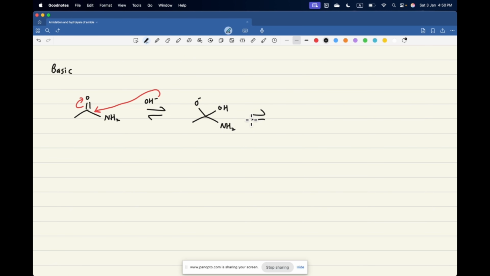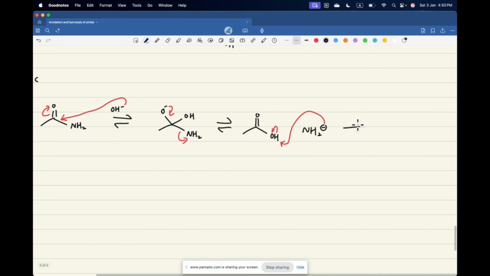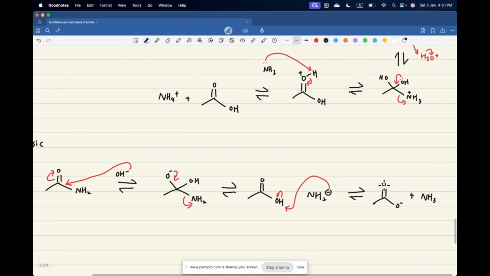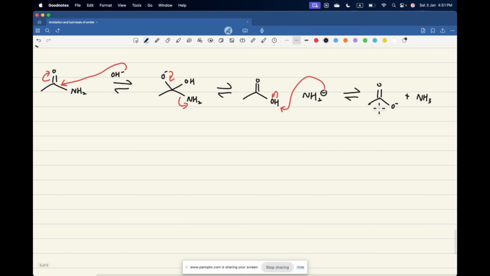And then from here, this is going to leave, but it's not stable. It's an extremely unstable compound, so this is NH2 negative. This is an extremely strong base, so it will grab the hydrogen from the oxygen, therefore giving us a carboxylate ion and ammonia. So how do we make carboxylic acid from this carboxylate ion? Very easy. We just put in some acid and stir, an acid workup happens, and carboxylic acid forms.